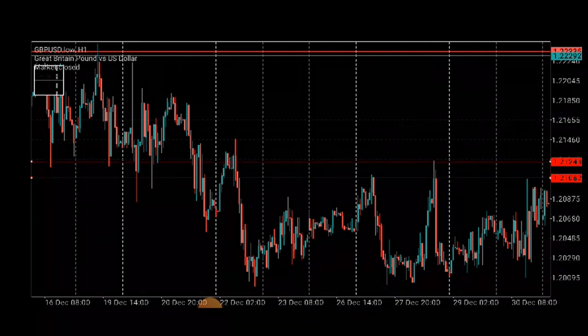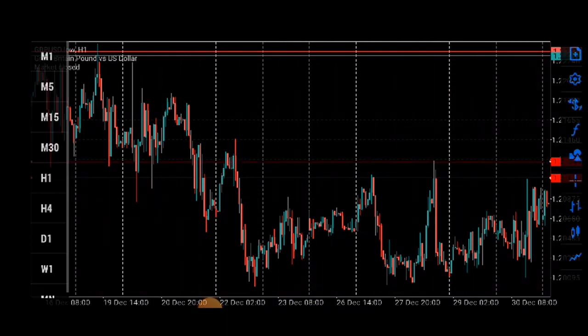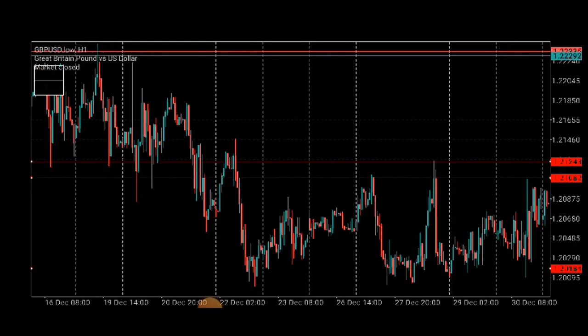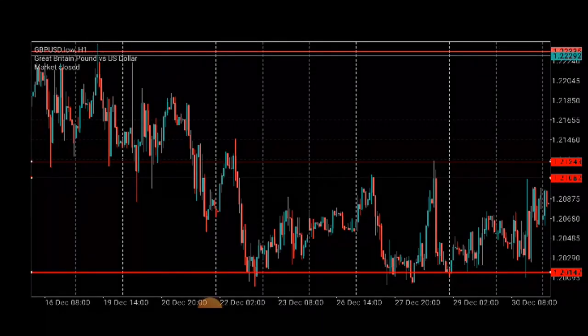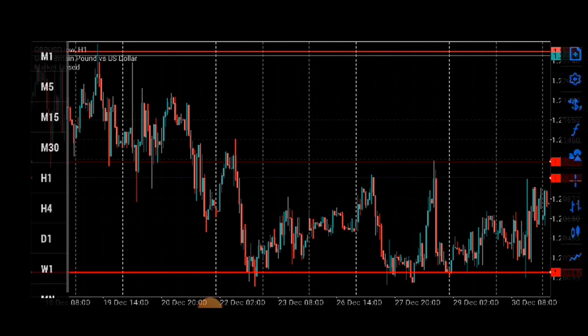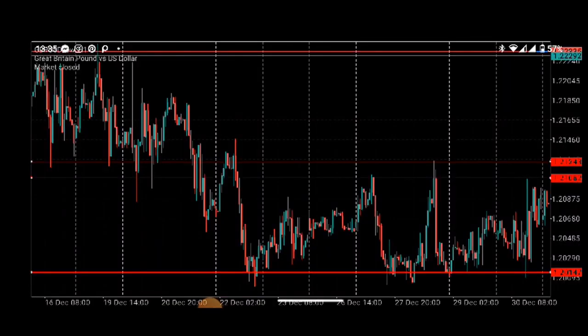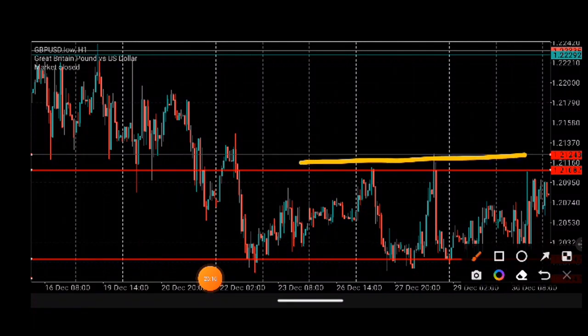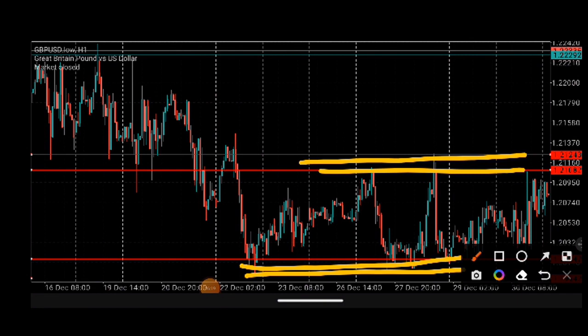This is the highest point here, right? Okay, this is where the body stops for the most part of it, and this is the last part of your wick, right? So you see that this whole area here is your area of interest, right? This whole area here is your area of interest. This is where you buy or sell, right?